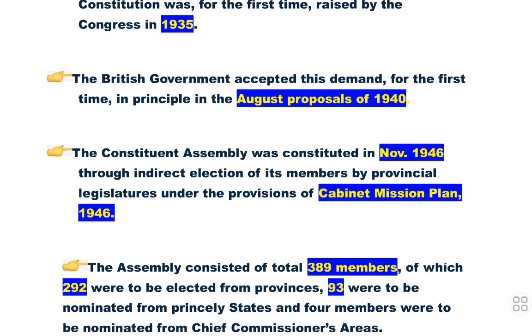The Constituent Assembly was constituted in November 1946 through indirect election of its members by provincial legislatures under the provisions of the Cabinet Mission Plan 1946.